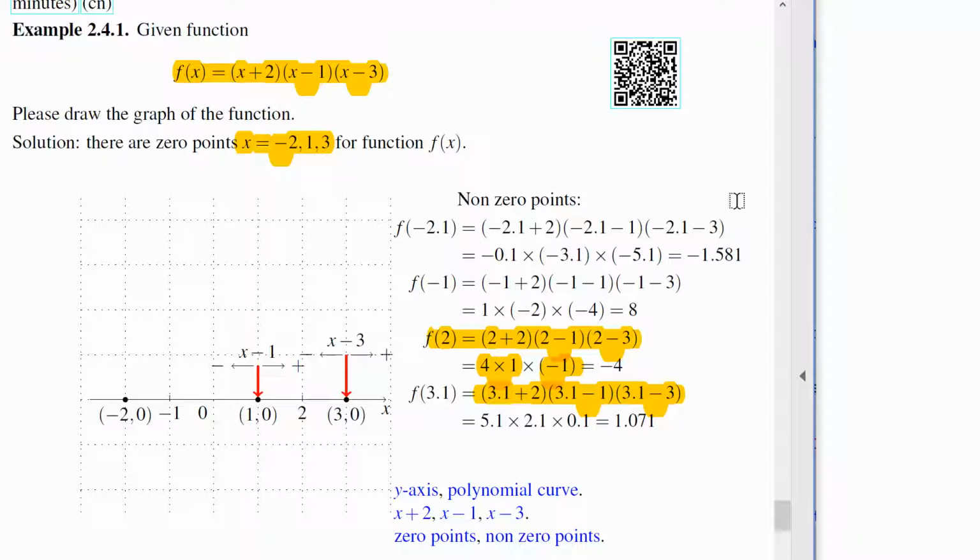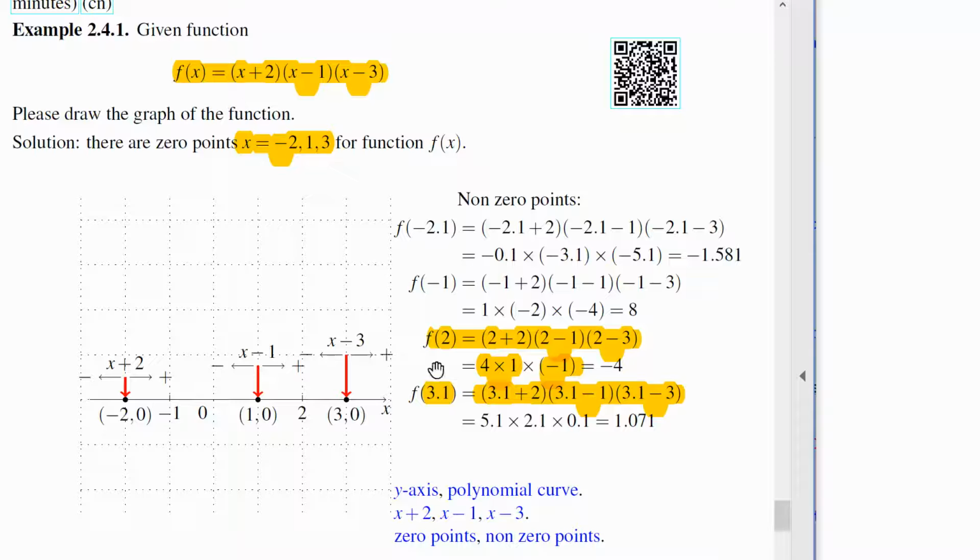So how many points do you have? 3 zero points plus 4 points, because these 3 zero points divide the whole axis into 4 parts, and from each interval you choose a point. 3.1 is the last point to the right. 2 is between those two 0 points. -1 is between these two 0 points. And -2.1 is the point on the left.